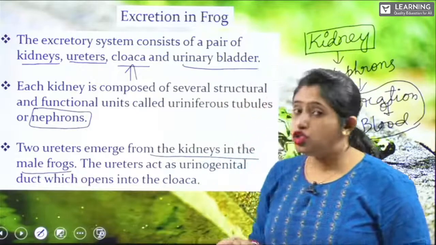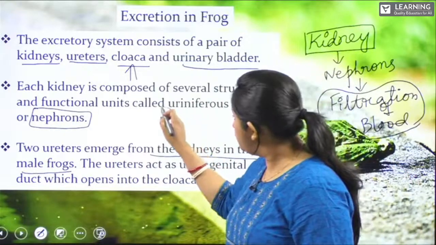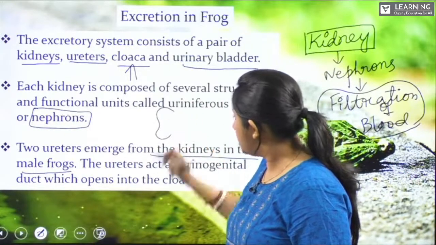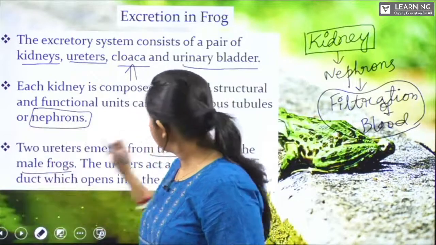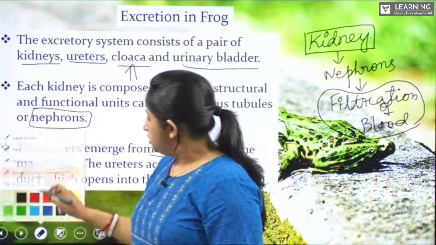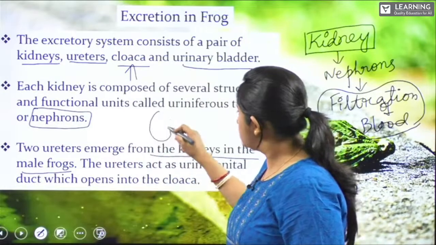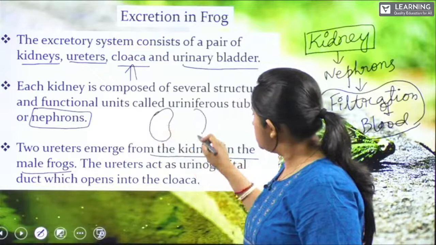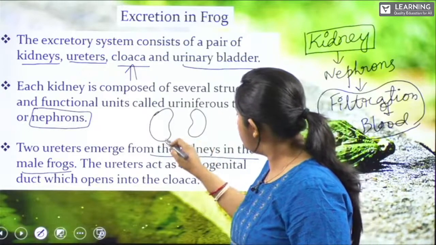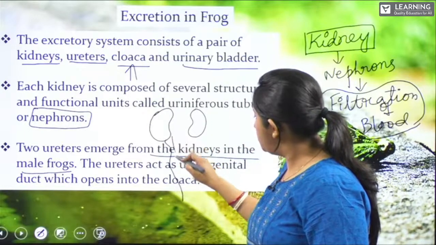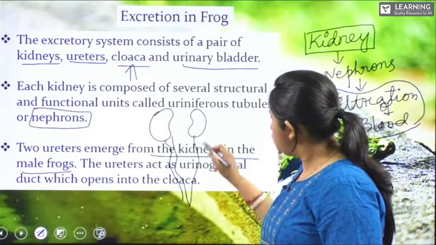So where does the ureter come from? The kidney is a bean-shaped structure, and from here the ureter comes out.